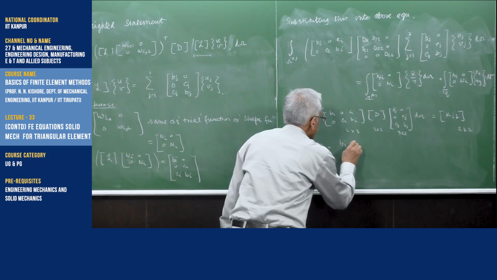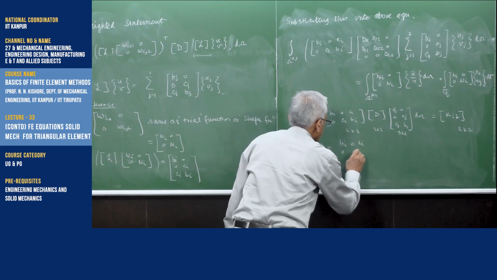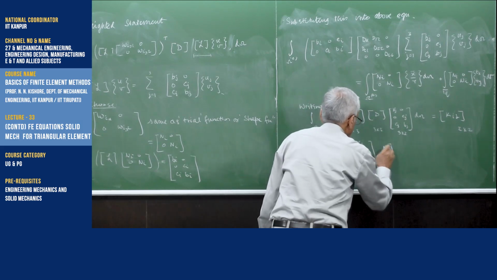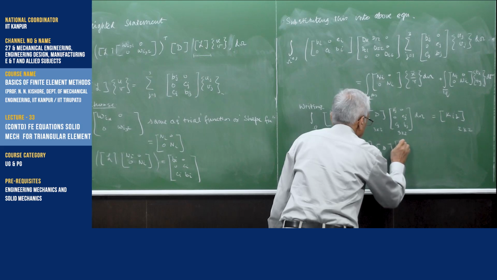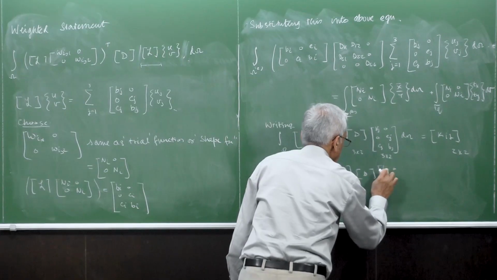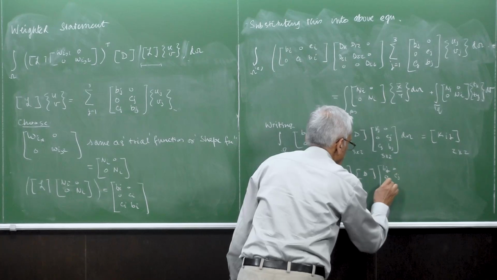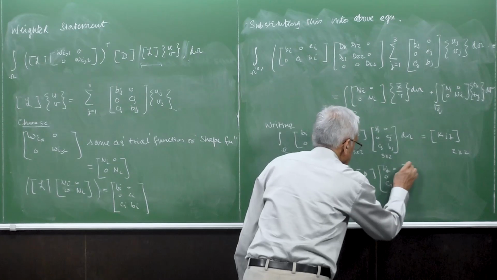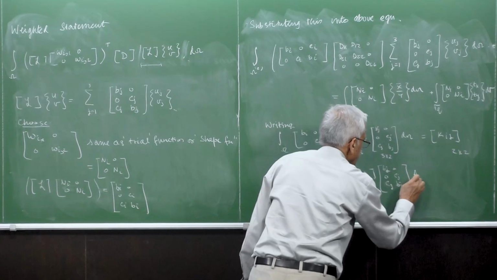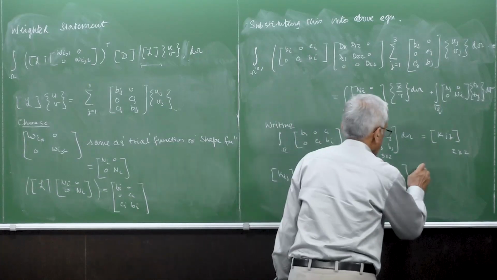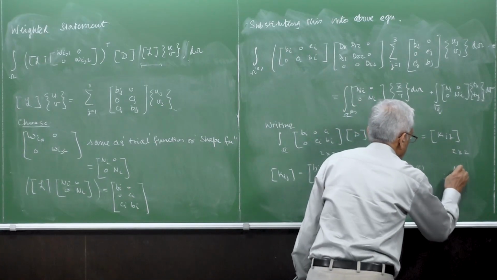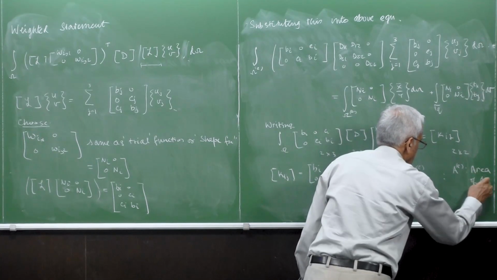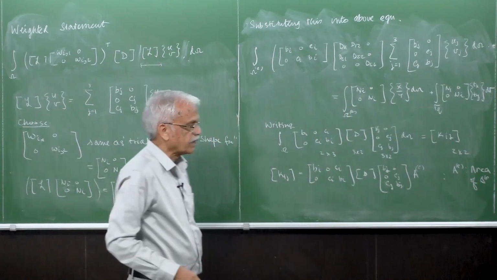So we have it, and we write this A, where A is the area of the triangle, right?